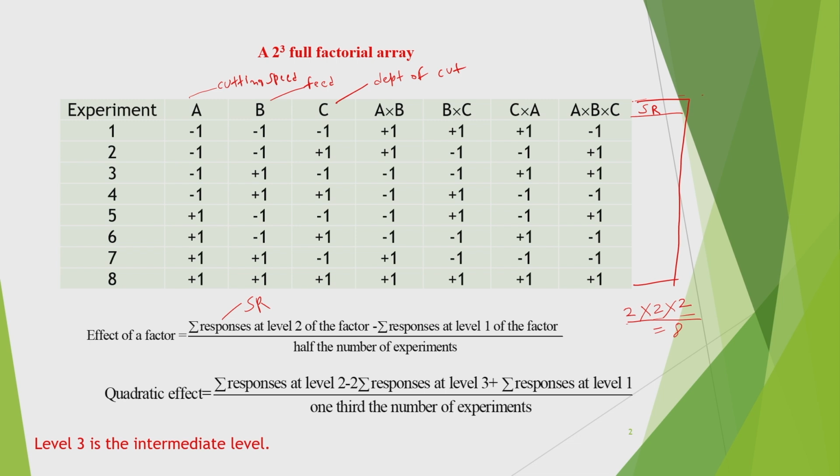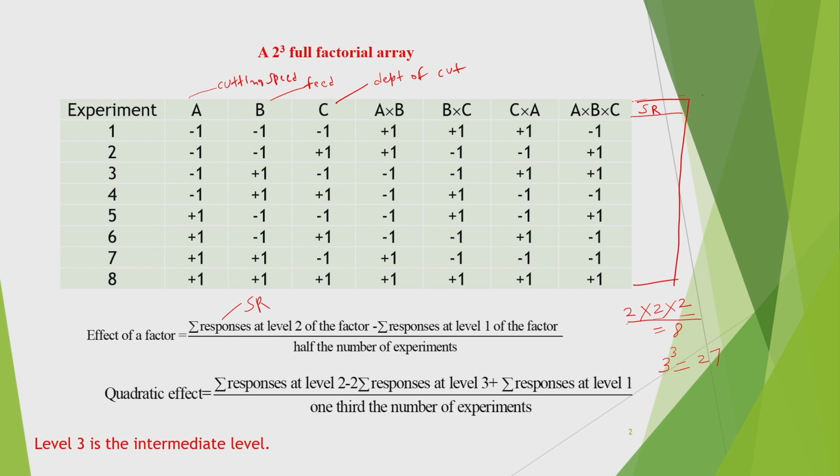Okay, and then we naturally measure the surface roughness at each experiment. So we have done 8 experiments here. If we have each parameter at 3 levels, then the number of experiments required will be too much, that will be 3 to the power 3, that means 27, because low, mid, high, each one.